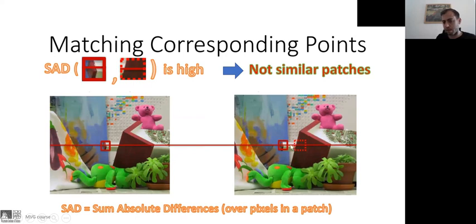Do you see this? Disparity 0 will give me this patch, disparity 10 will give me this patch. Now I want to choose the best disparity for this pixel. The way I do it is by comparing the patch around the pixel and taking the patch that gives me the lower error. I take the disparity that gives me the lower error when comparing patches.